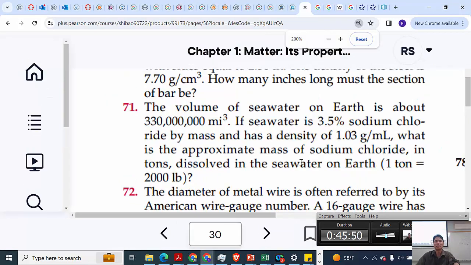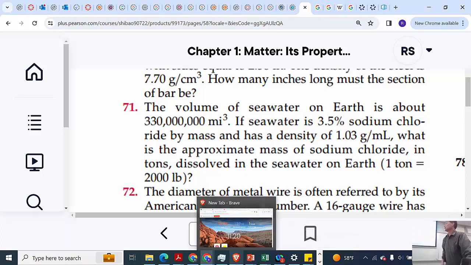Try out number 71 here. This is like trying to climb Mount Everest one step at a time. So we start off with a fixed quantity. What's a fixed quantity here? Something that's not some ratio. It's fixed.